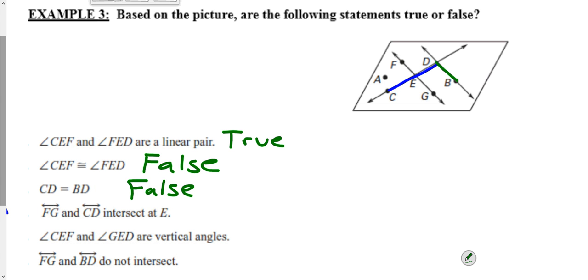Line FG and line CD intersect at E. We have line FG and line CD intersecting at E. So that is true.